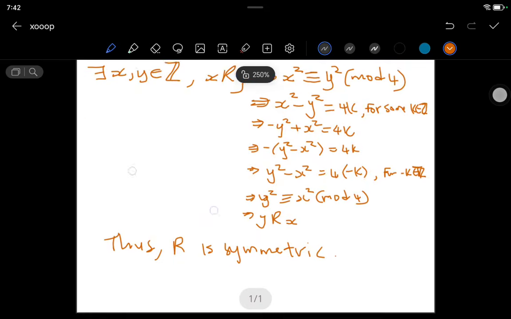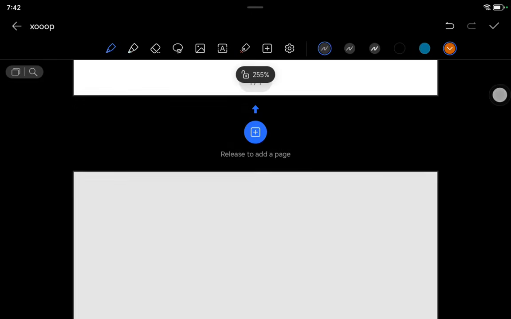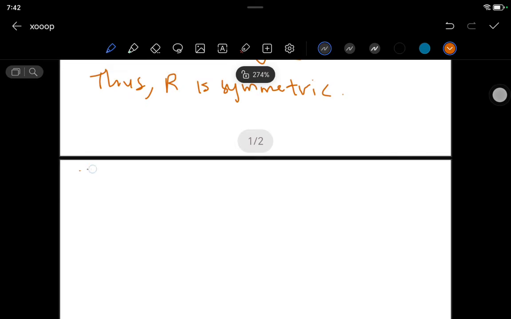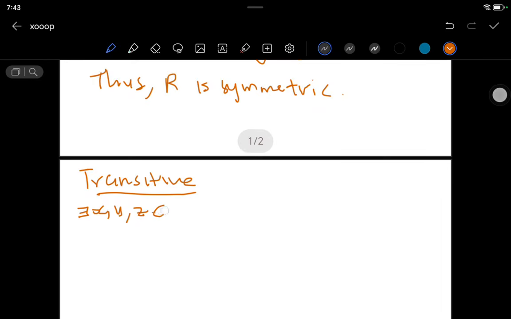Now we come to transitive. When we come to transitive, we're going to say that there exist some 3 elements x, y, z, element of z.